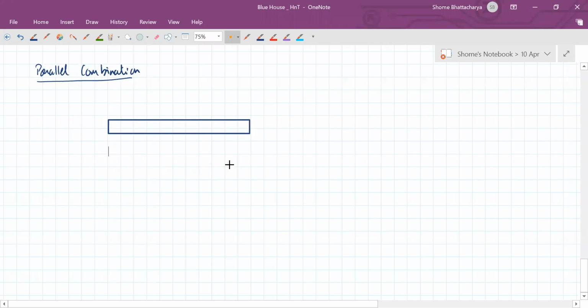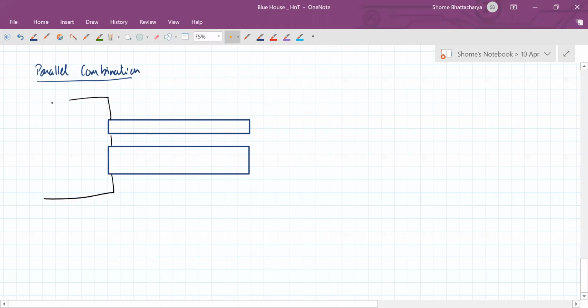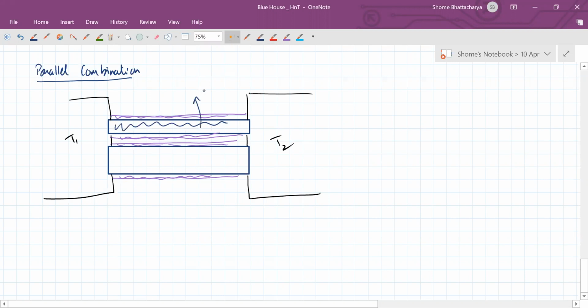Suppose we have two different thermal conductors which are kept across the same set of temperature reservoirs, and they are insulated from outside. In this particular case, they have to be of the same length, but they can have different areas of cross section and can be made of different materials, so their thermal conductivity can be different.